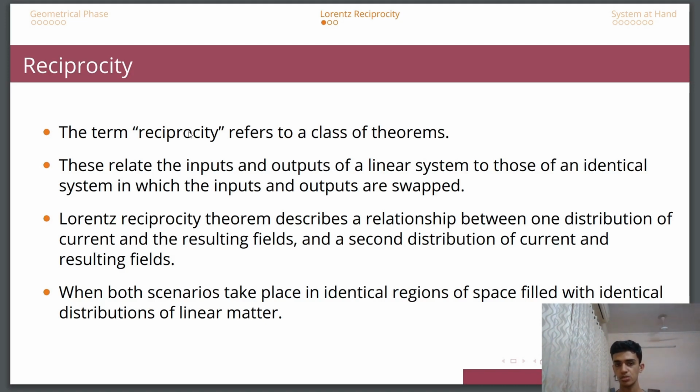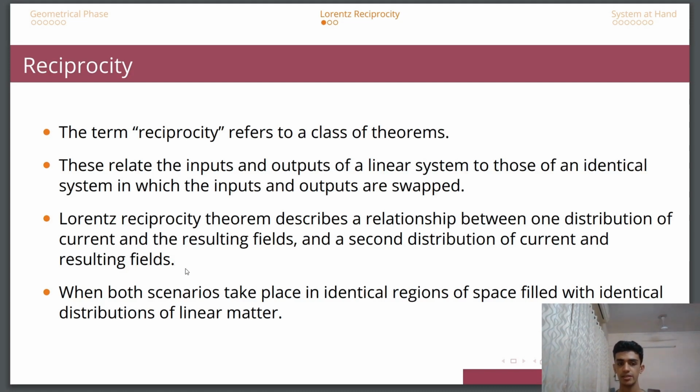They relate inputs and outputs of a linear system to those of an identical system in which the inputs and outputs are swapped. So Lorentz reciprocity describes a relationship between one distribution of current and resulting fields and a second distribution of current and resulting fields. This is particularly useful in experimental settings and also theoretical settings.